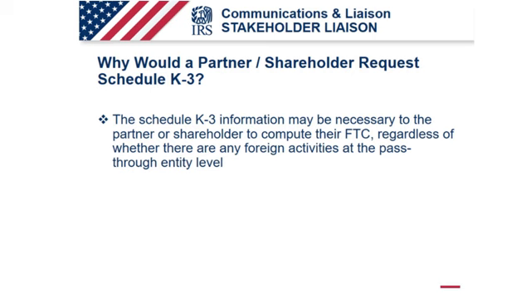This is described in more detail in the instructions for the Schedules K-2 and K-3. But I want to go through why you would need that information, particularly that information about U.S. source gross income and assets that generate U.S. source income as well.